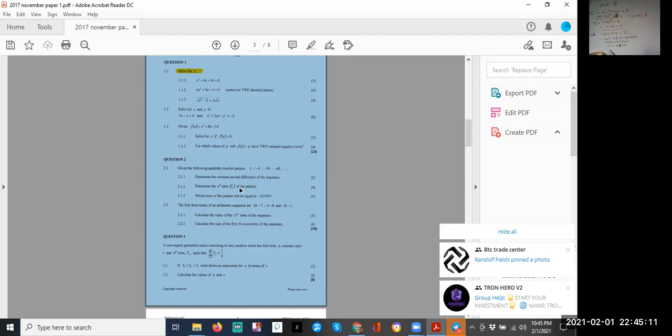Therefore, n will be equal to the square root of 8649. Let me check the square root of that on the calculator.